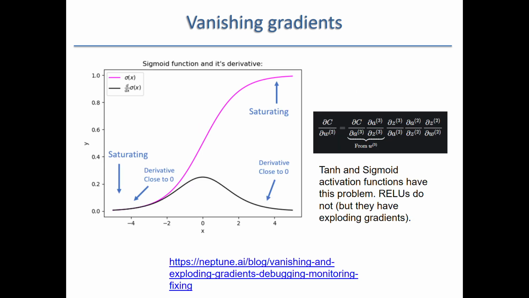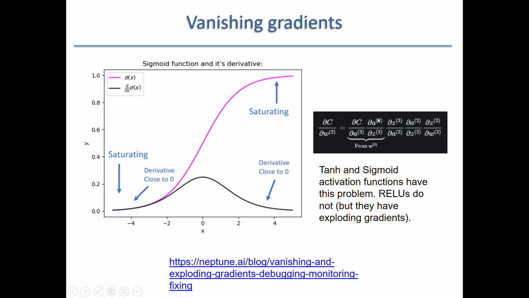And the problem is related to the derivatives of the activation functions. At some point we have the derivative of the activation function with respect to the argument. So we are talking about these terms here.